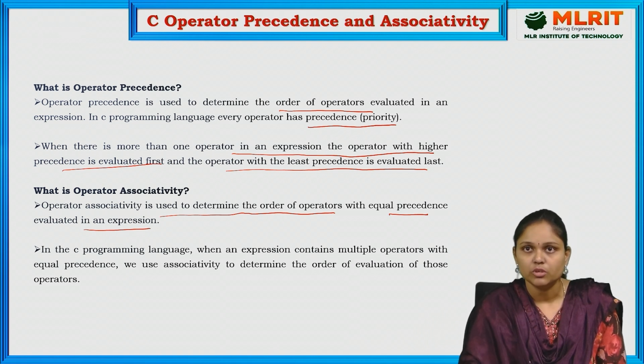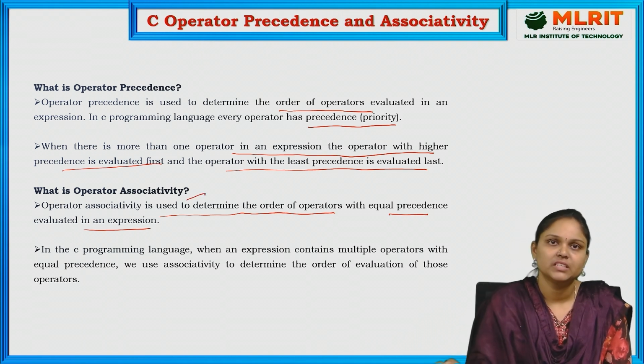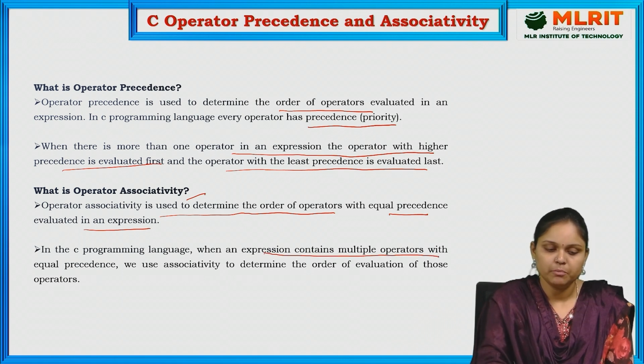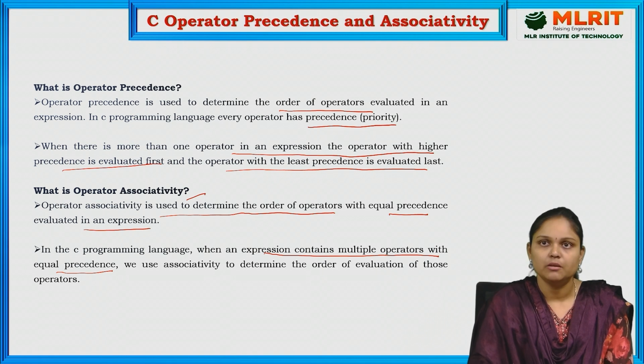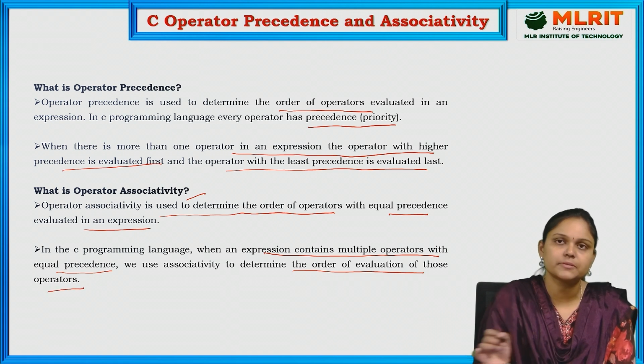That is known by using the associativity property. So in C programming, when an expression contains multiple operators with equal priority, associativity determines the order of evaluation of those operators.